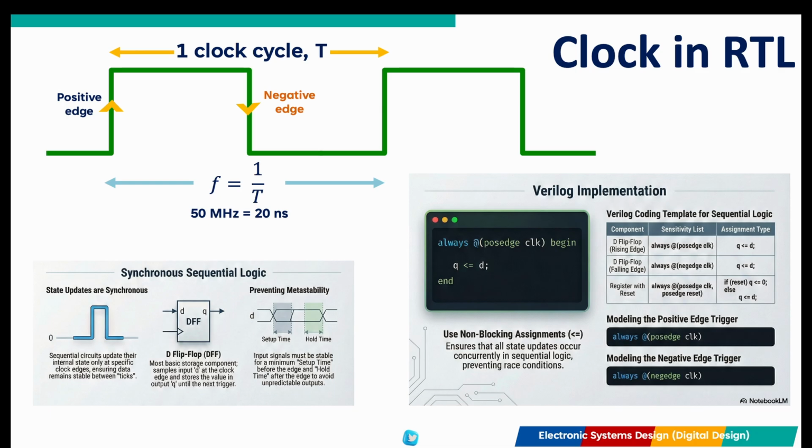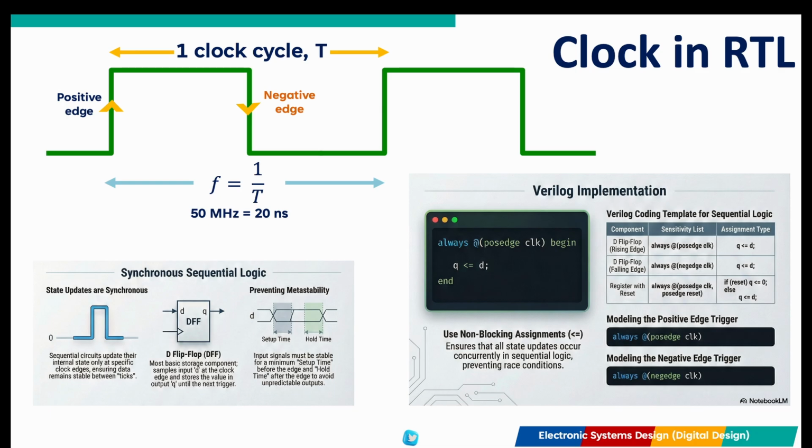Positive edge-triggered standard D flip-flops: the vast majority of FPGA designs are synchronized to the rising edge. While you can trigger actual hardware on the falling edge by using always @(negedge clock), doing so in the main design can sometimes complicate clock domains. However, negative edge is incredibly useful and highly recommended when writing testbenches.